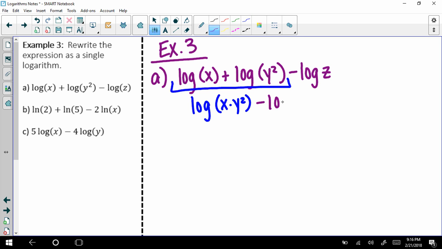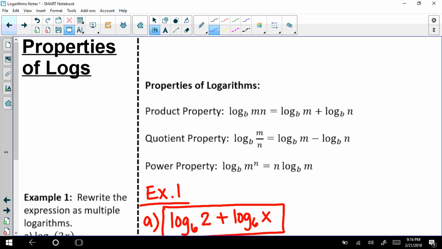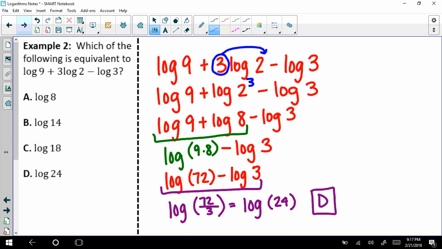and then I still have my minus log z. Okay, so then we go back, we see subtraction. So if I see subtraction, that means wherever the minus sign is in front of, that's my bottom number of whatever the fraction is.